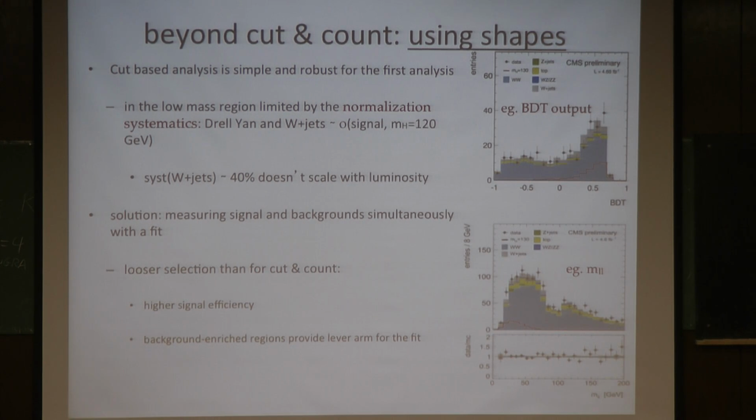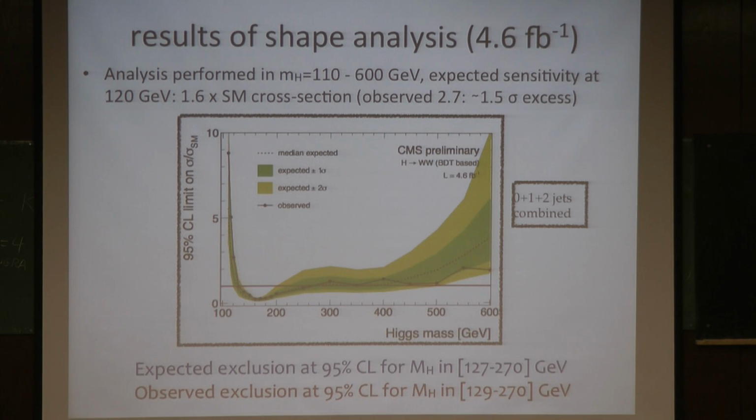So you expect that you are going to gain something. And indeed, the results of the shape analysis, which is performed in 110 to 600 GeV, show a little better sensitivity. It is at 120 GeV, it's 1.6 times the standard model cross-section, and this is the limit.